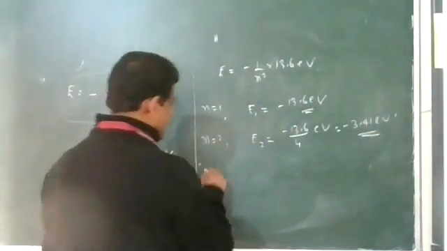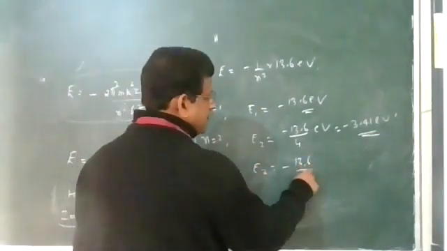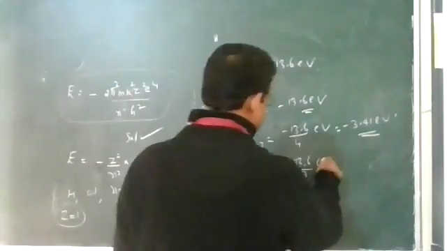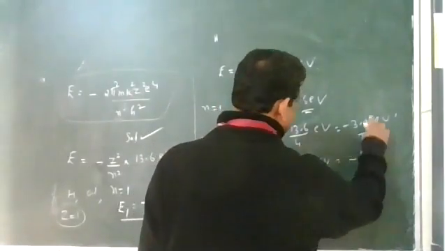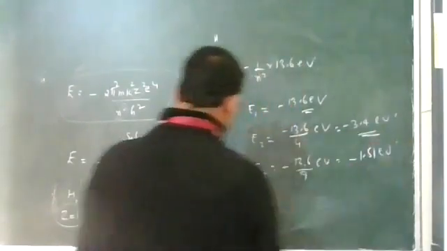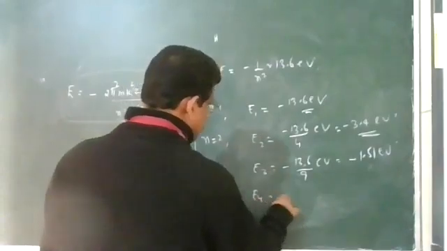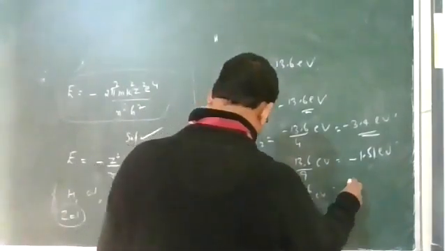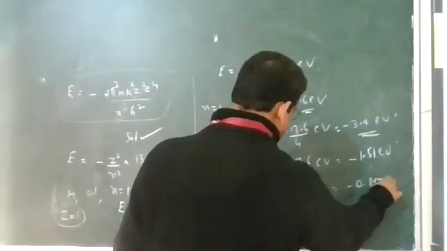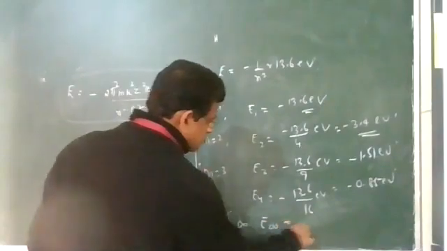And n equal to 3 is minus 13.6 by n square 9, which equals minus 1.51 electron volt. And n equal to 4: E4 is equal to minus 13.6 divided by 16 electron volt, which is minus 0.85 electron volt. When n equal to infinity, E infinity is equal to 0.